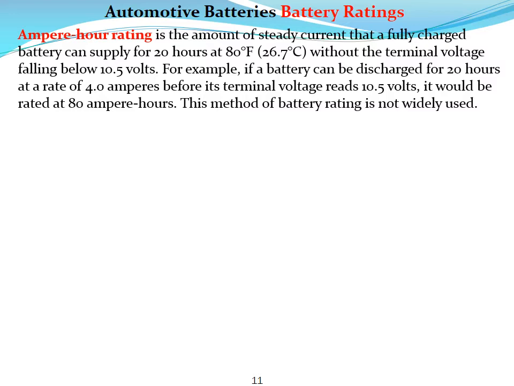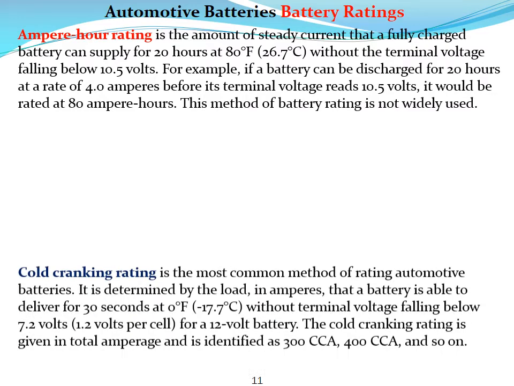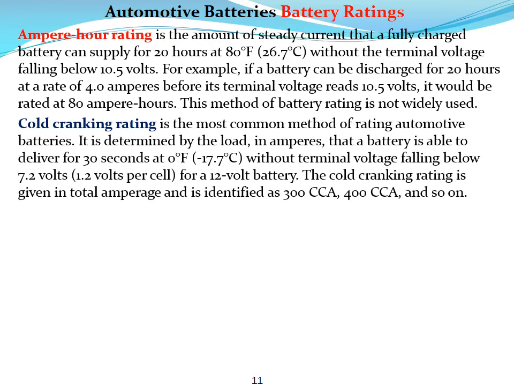This method of battery rating is not widely used in scientific forums or conferences for machines and vehicles. Cold cracking rating, also called cold cracking ampere, is the most common method of rating automotive batteries.